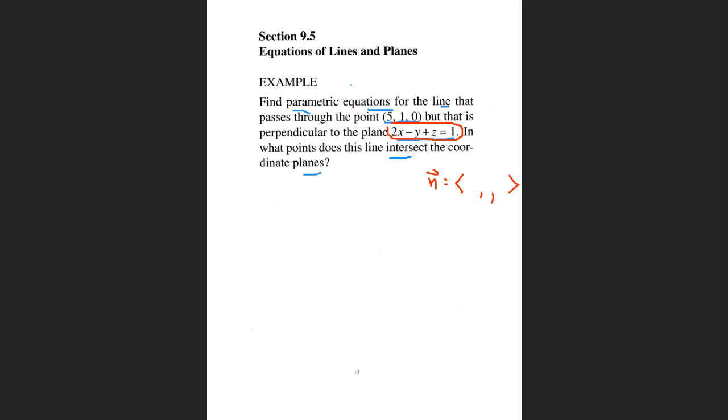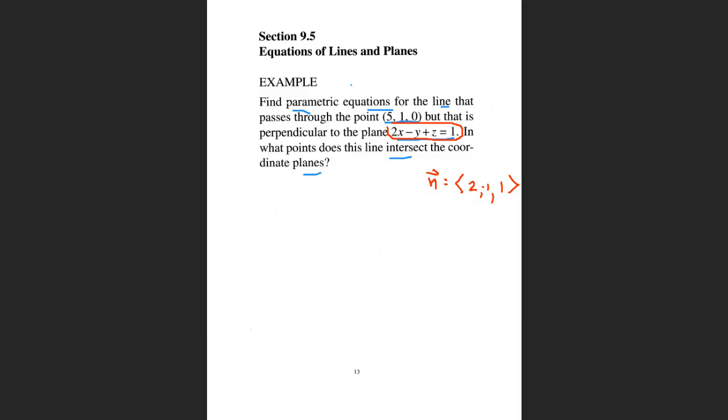Good, Ashish. (2, -1, 1), because those are the coefficients of x, y, and z. There's a -1 here for y, and there's a 1 there for z. So there you go. Okay, so let's draw a little picture here.